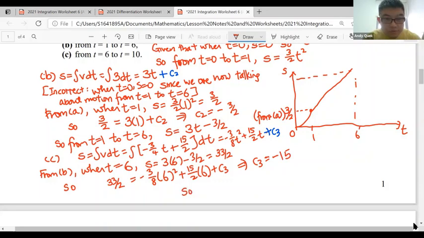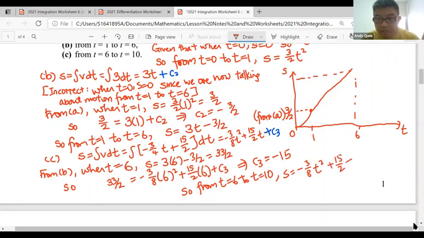So from t equals to 6 to t equals to 10, this is the expression for the displacement, minus 3 over 8 t squared plus 15 over 2t minus 15.